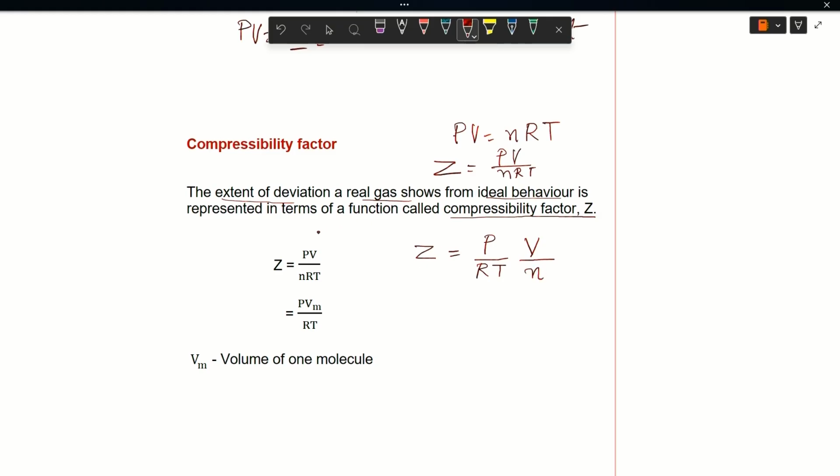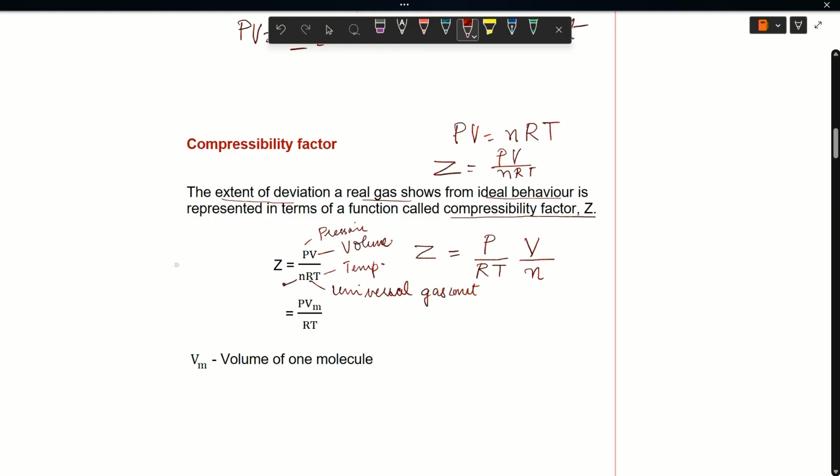Here we know that P is the pressure, V is the volume, R is the universal gas constant, and T of course is the temperature in Kelvin scale. Now, what is n? n is the number of moles of gas.